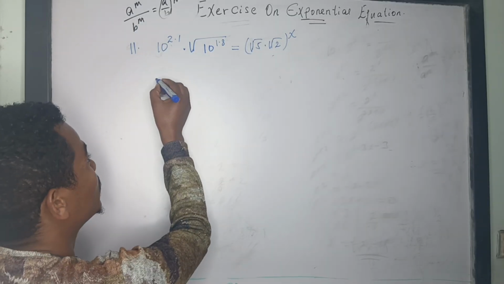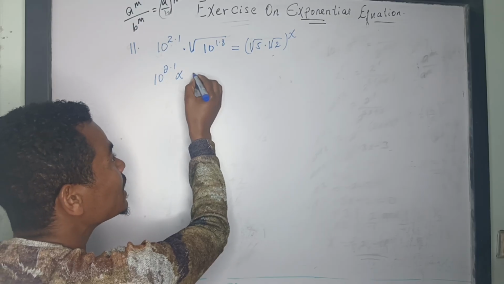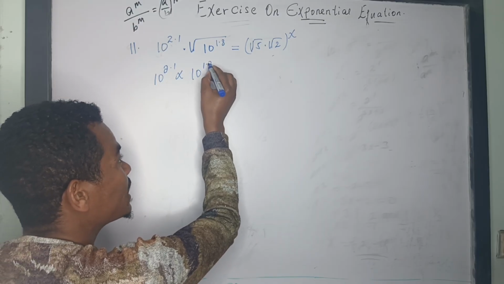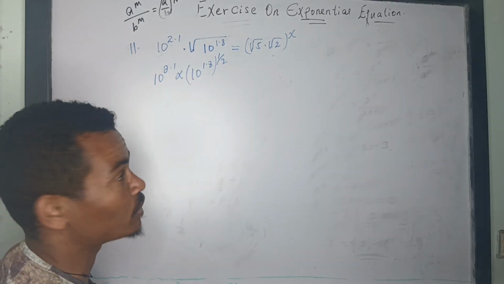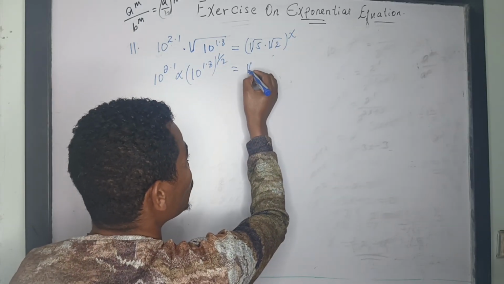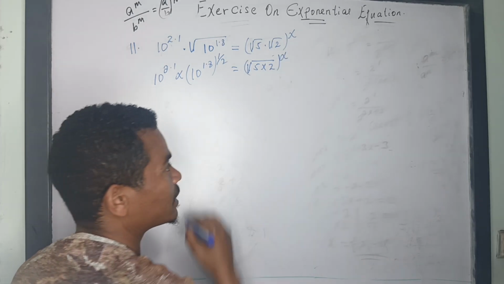The common denominator: 10 to the power of 2.1 times 10 to the power of 1.8 times the power of 1 over 2. Square root is the same as the power of 1 over 2. It's the same with the square root of 5 times 2 to the power of x.